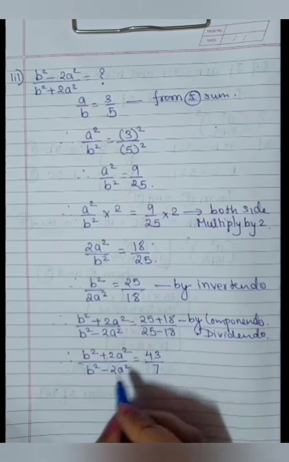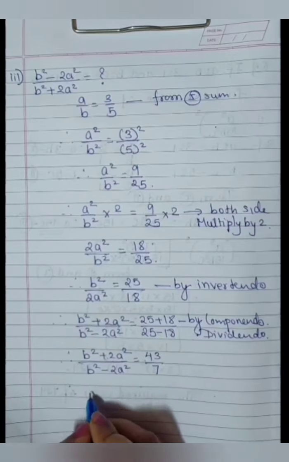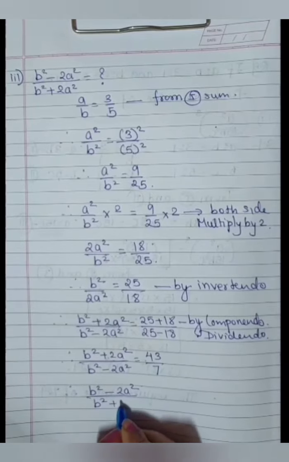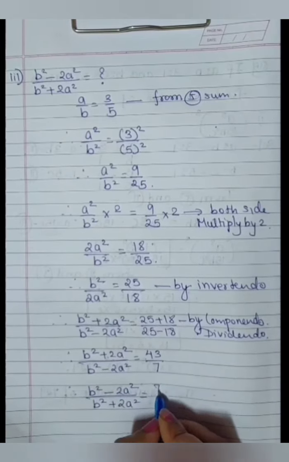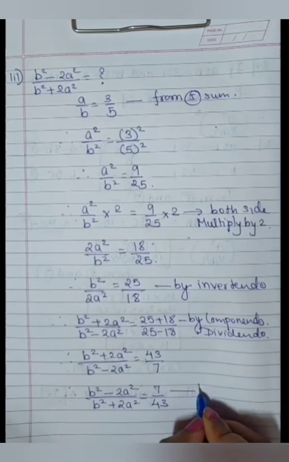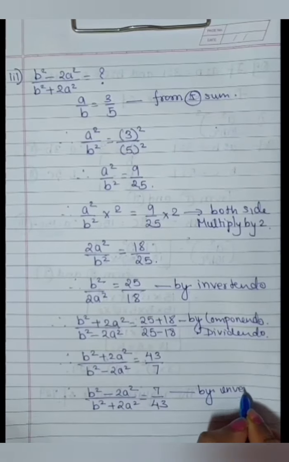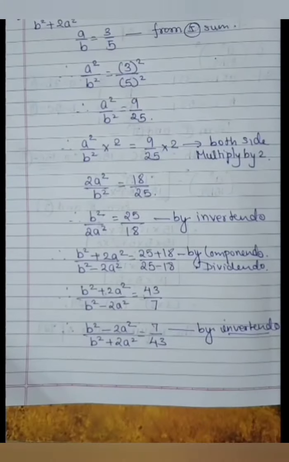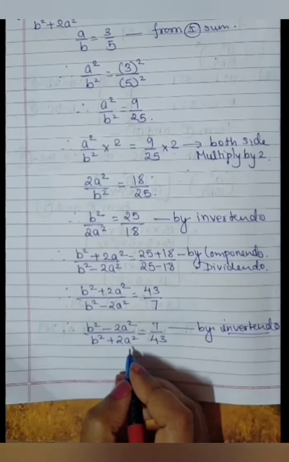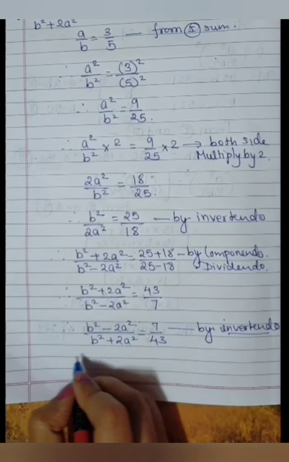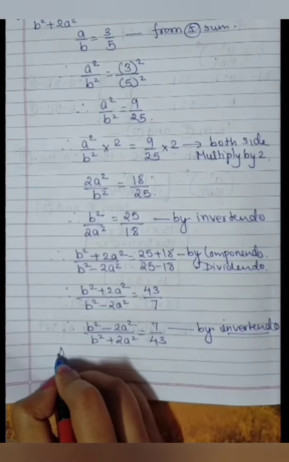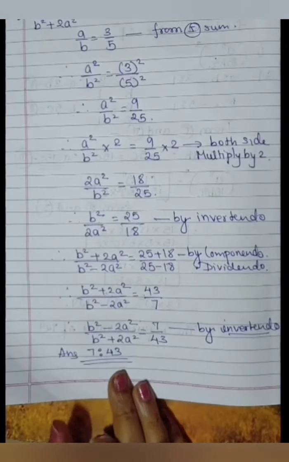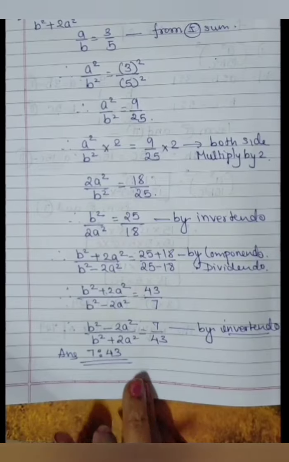Now again we'll write by invertendo, (b² - 2a²) upon (b² + 2a²). Here 7 upon 43 will come by invertendo. Follow the steps. If you follow the steps, it is very easy. Now next step is what? Here we got the answer 7:43. Okay, we have solved question number 3.